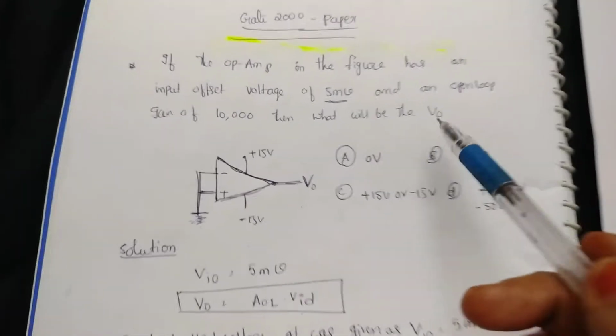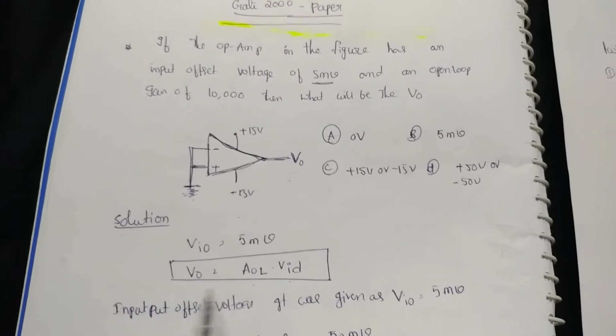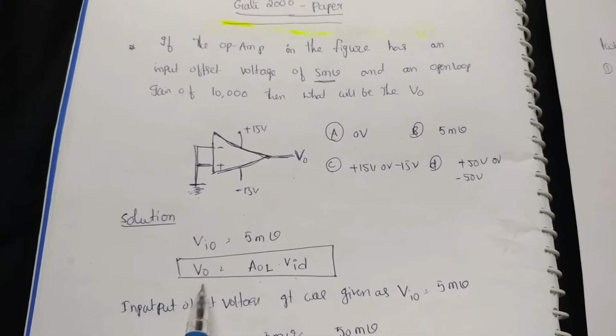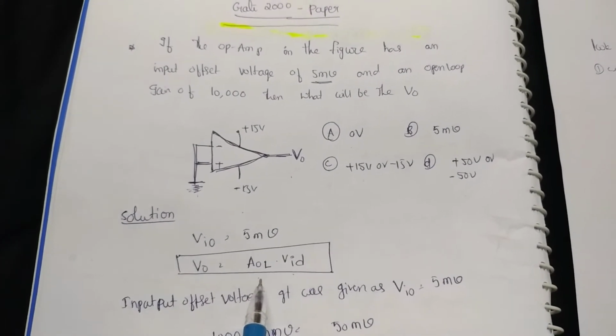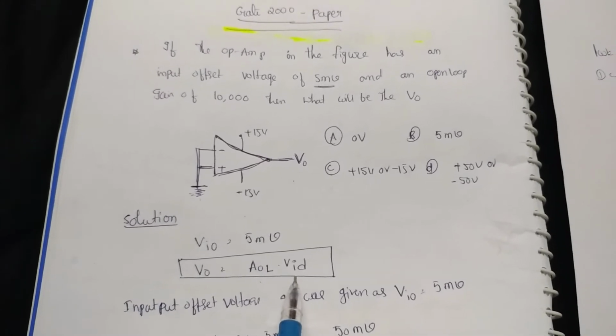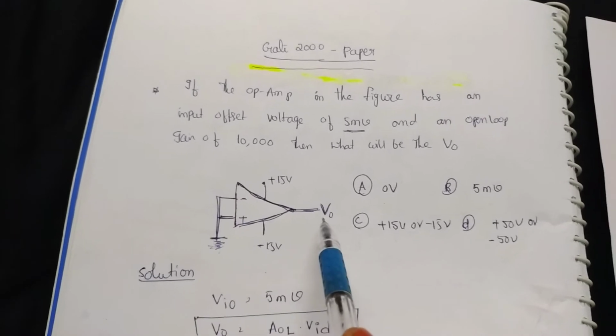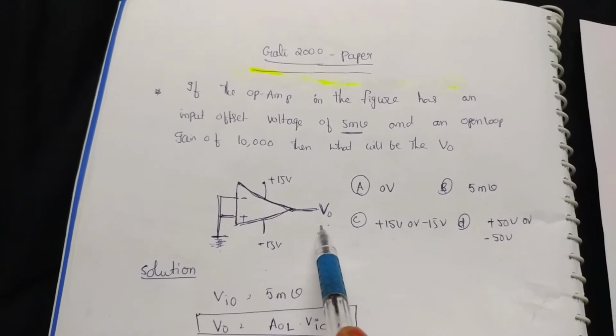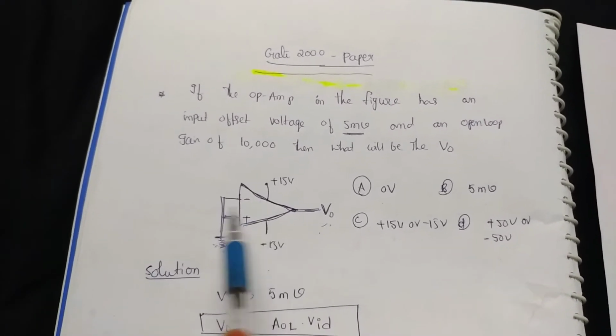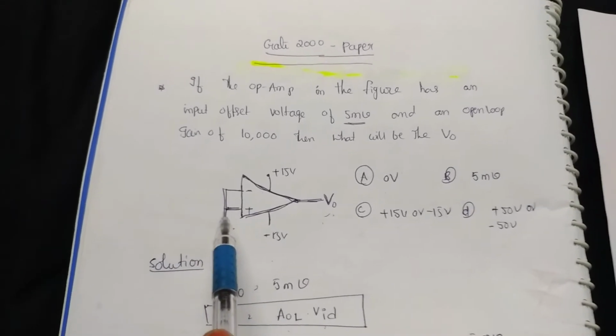So if you want to find the output voltage V0, what is the formula? The general equation is V0 is equal to gain times VID. What is VID? The difference between the two input terminals. The output of the operational amplifier is always gain times the difference between the two input voltages.